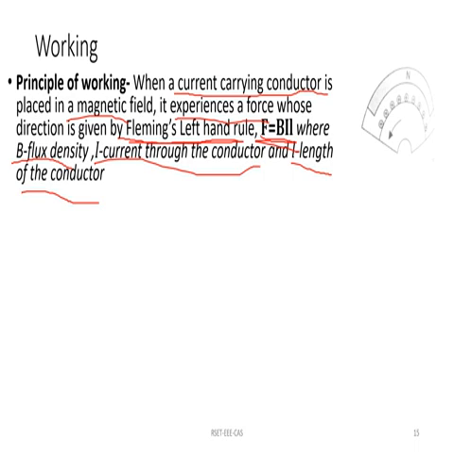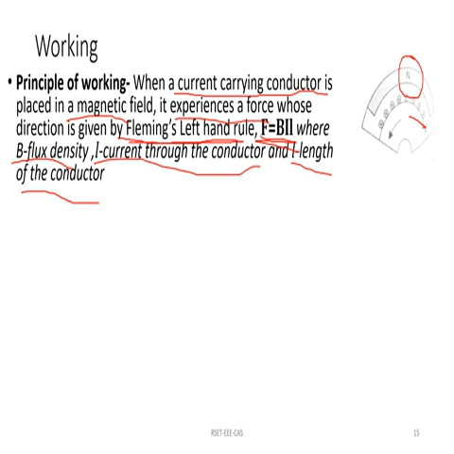Now take this example. Here the armature conductors are carrying the current. The current direction is into the conductor and it is placed in a magnetic field which is produced by the permanent magnet. Now apply Fleming's left hand rule.